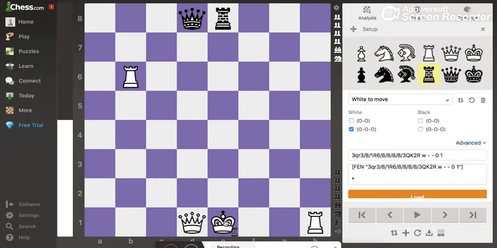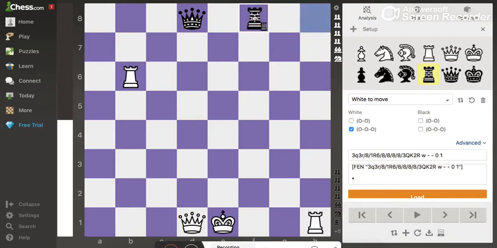Second rule is these squares. The king is moving from this square to this square, so you just have to make sure that these two squares, F and G, shouldn't be in check. Suppose this is the rook and your king is not in check, so you can castle.